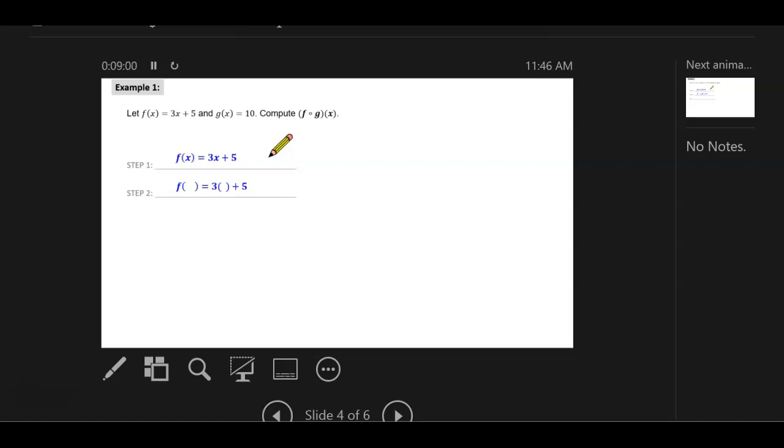And then step 3, what are we going to do? We're going to substitute. So check it out. This is what it looks like. The inside function is f or g? Which one's inside? g. So the g of x is going to go right there, and whatever it equals is going to go right there.